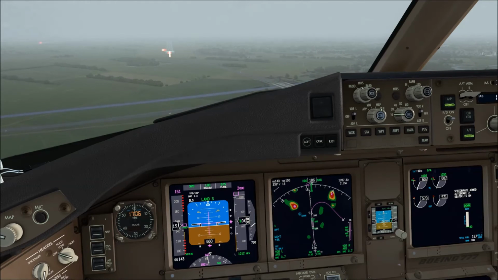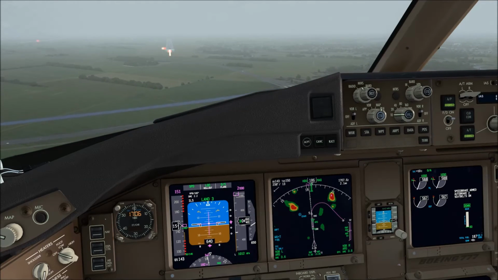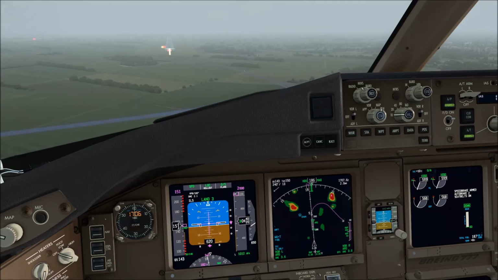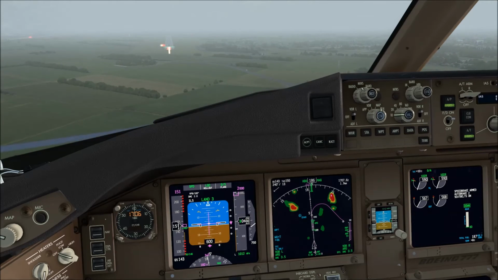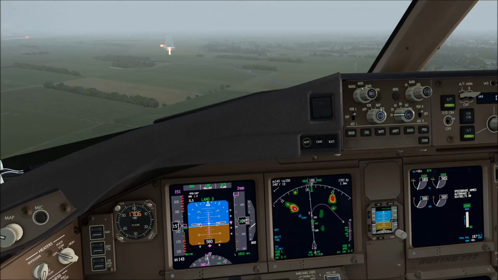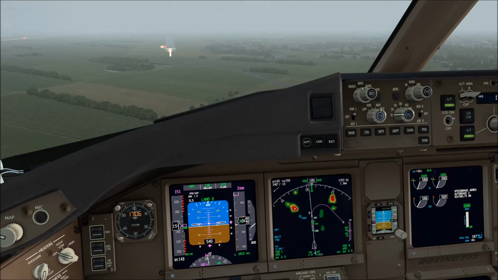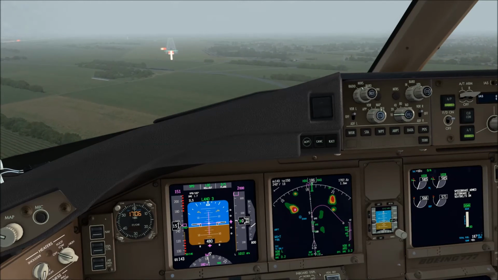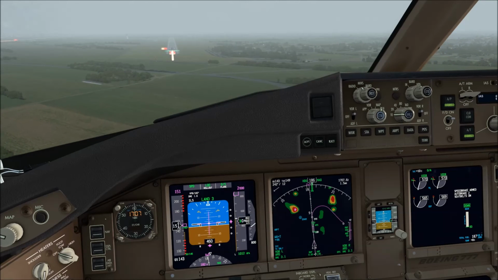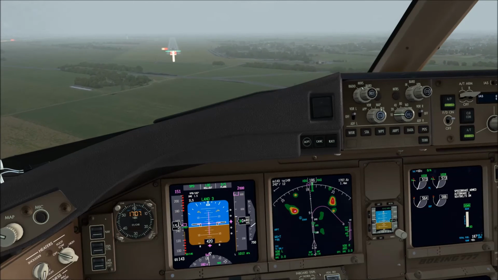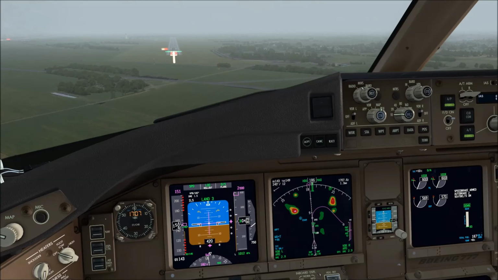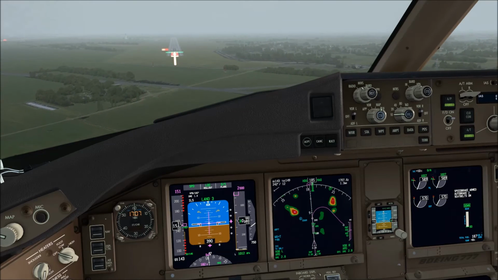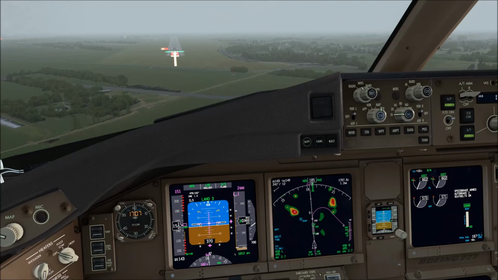Below 200 feet radio altitude, there would only be 4 failures which would force us to go around. These will be no Autoland, auto throttle, speed brake, and autopilot. So at 200 feet radio altitude, which is our alert height, we'll call 200 and decide if we land or go around.